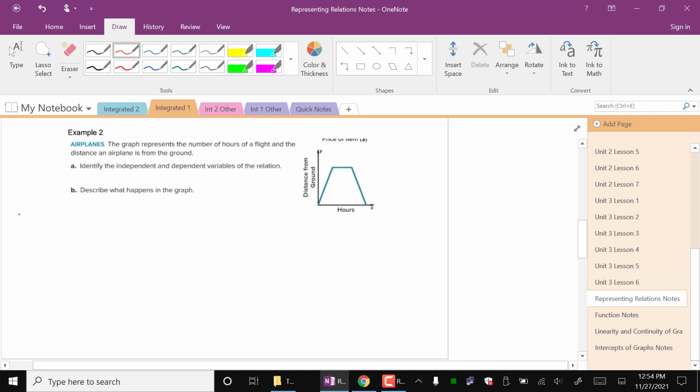So our independent is our hours. Our dependent is going to be the distance from the ground.